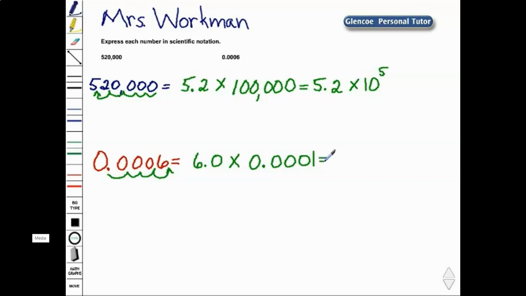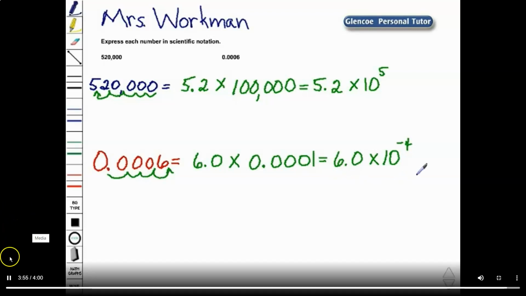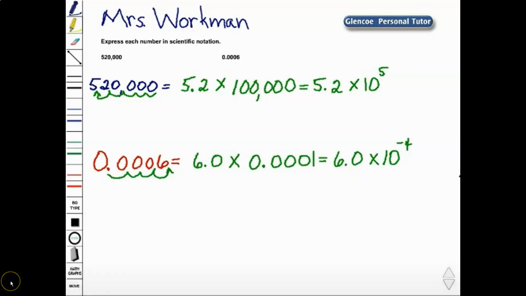Now again, we like to write the power of 10 with an exponent, so that would be 6.0 times 10. 6 ten-thousandths, written in scientific notation, is equal to 6.0 times 10 to the negative fourth power.